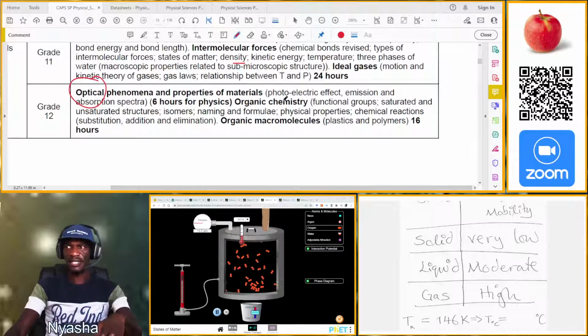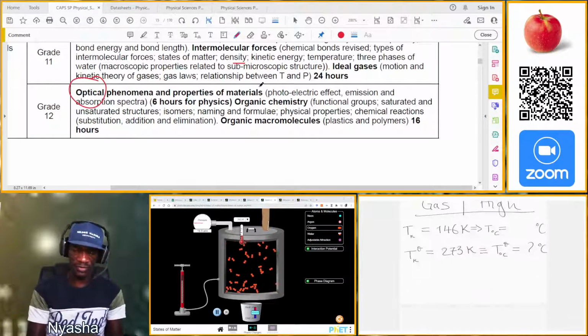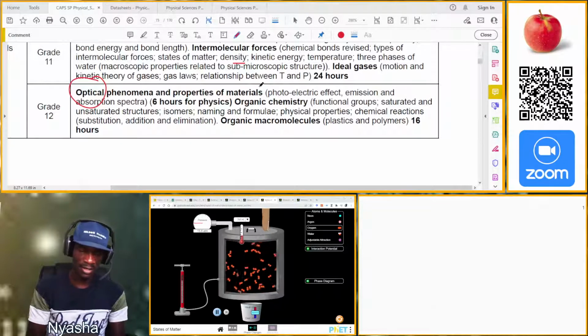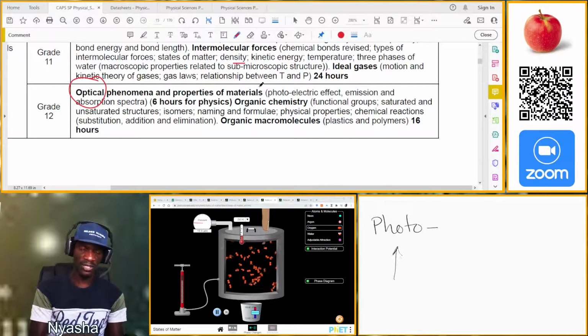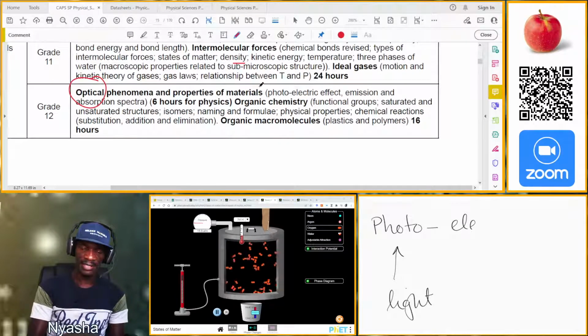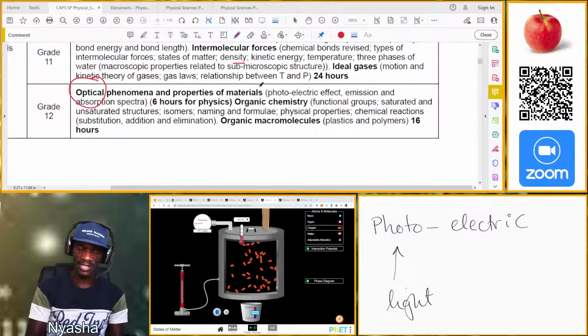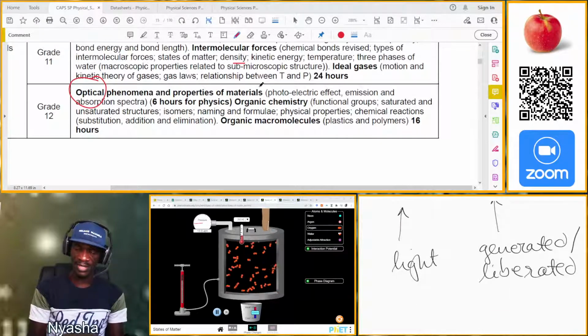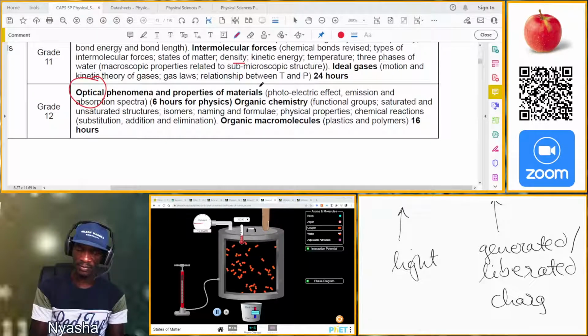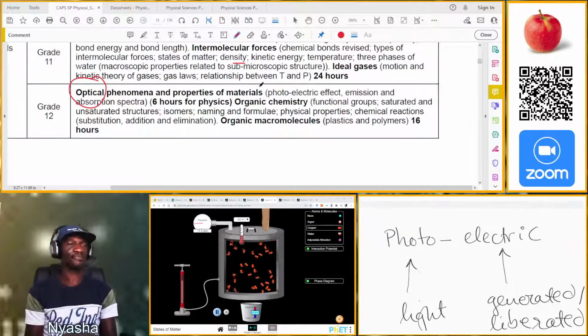So please remind me, for the photoelectric effect experiment, the first thing is we have some photo, for light, and then electric. So these are some charges that are generated, or liberated, electric charges or charged particles.